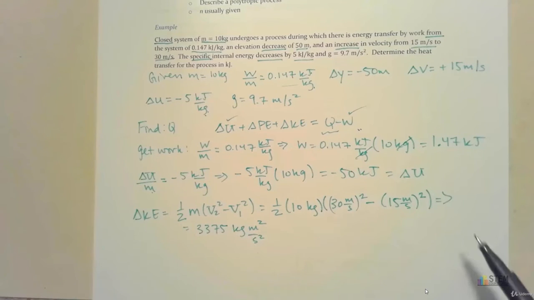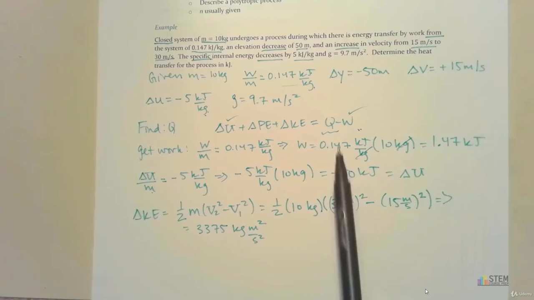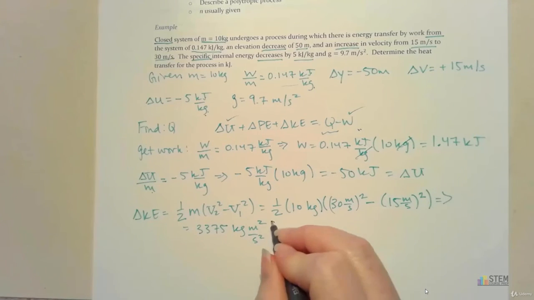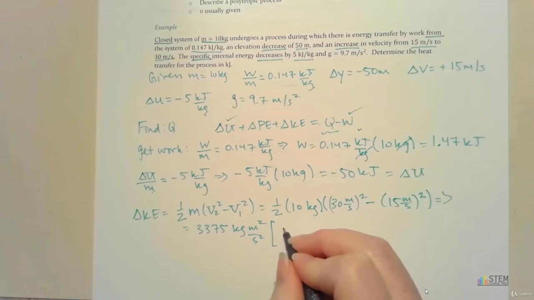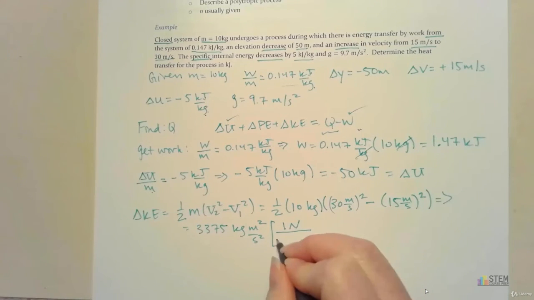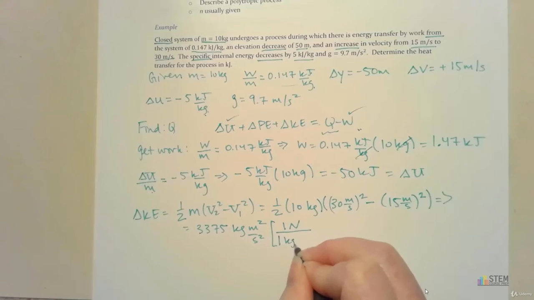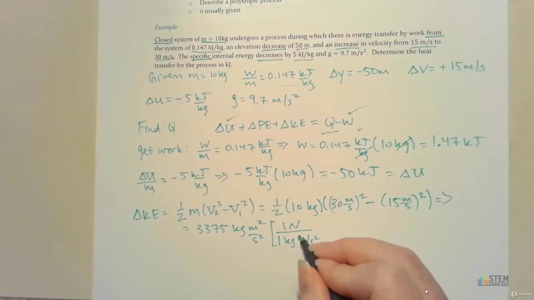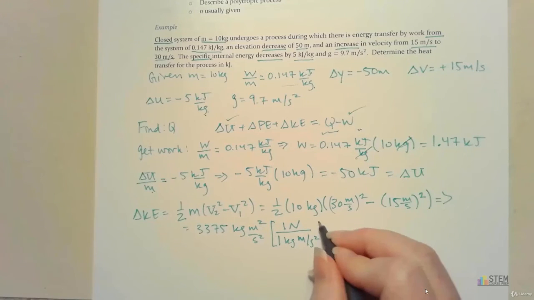We need everything to be in the same units because we've got five terms. They're all in the same equation, so they all have to have the same units. This is not kilojoules yet, so let's convert so we have everything in kilojoules. We're going to convert to newtons first. One newton is equivalent to 1 kilogram meter per second squared.